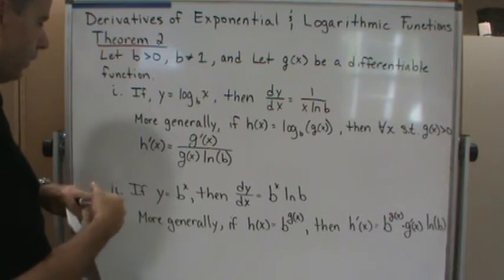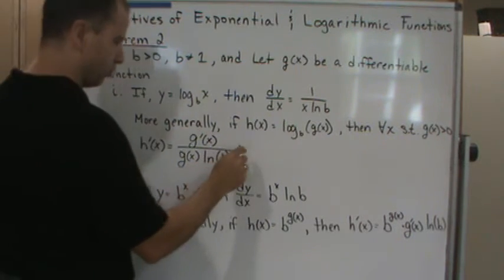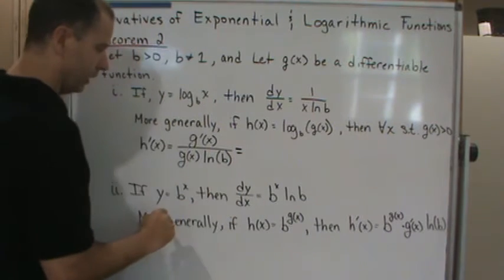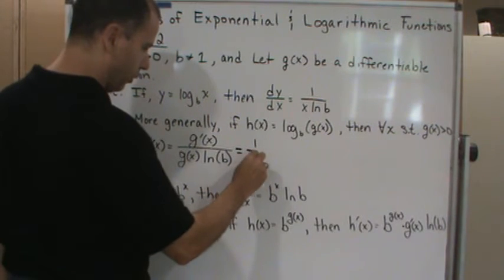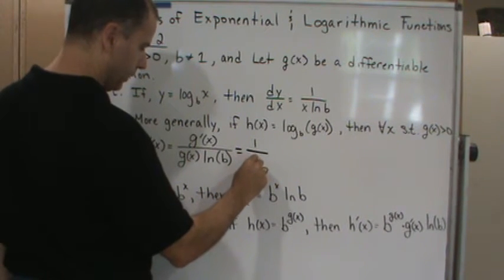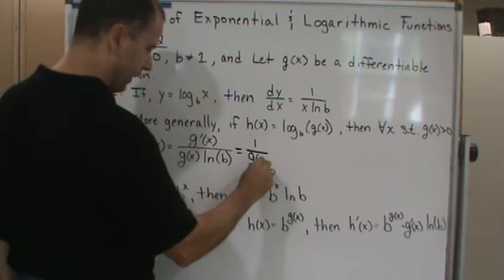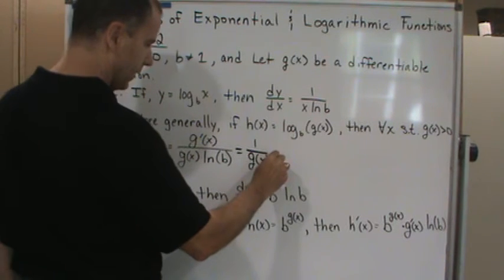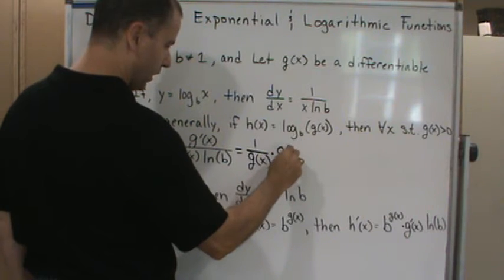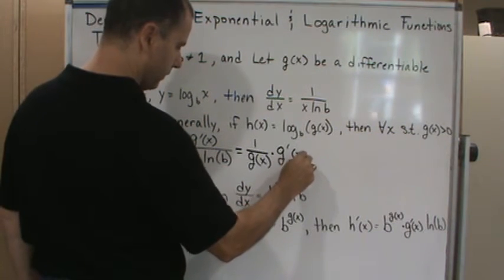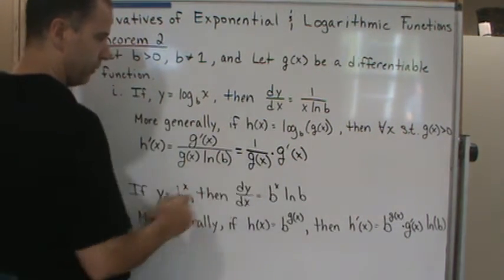So again, in other words, this is introducing the chain rule. You can see it more if you realize it's 1 over g of x times g prime of x. There's that part we saw before.